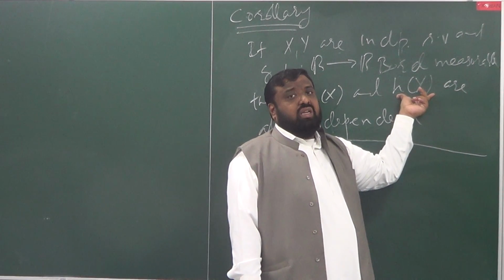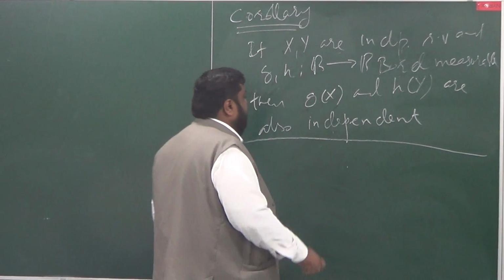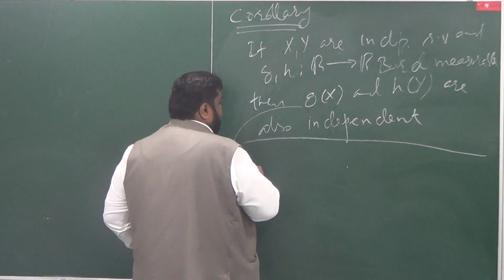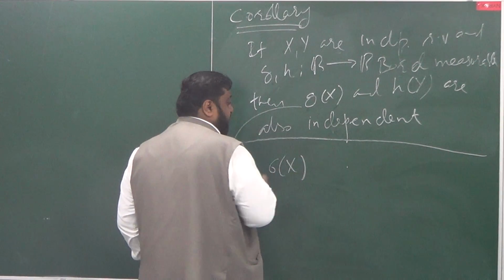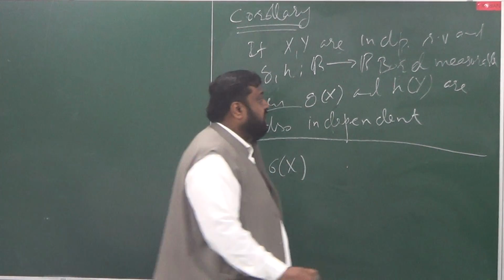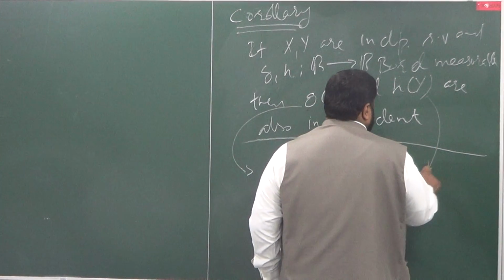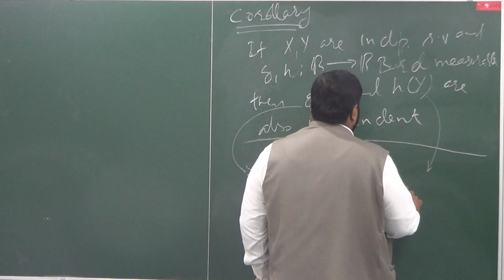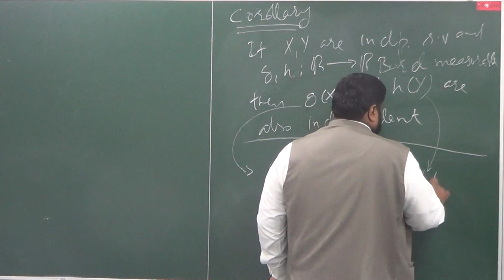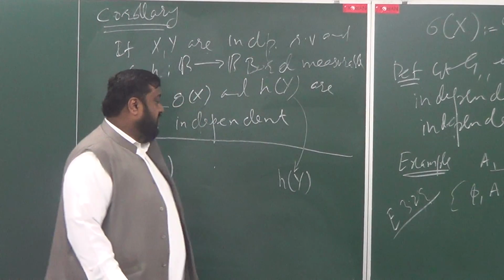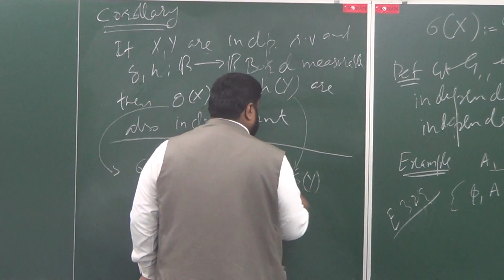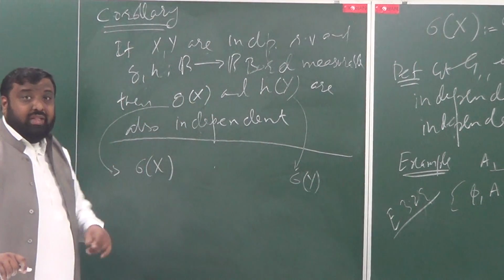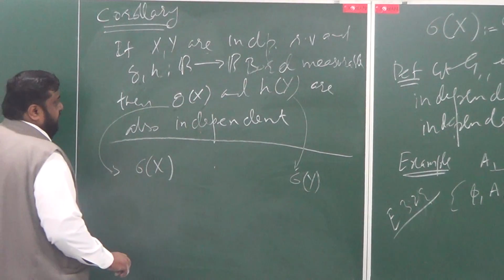The only thing that you have to verify is why this random variable is measurable with respect to the sigma field generated by X, and why this random variable is measurable with respect to the sigma field generated by Y. And this must be easy, think about it.